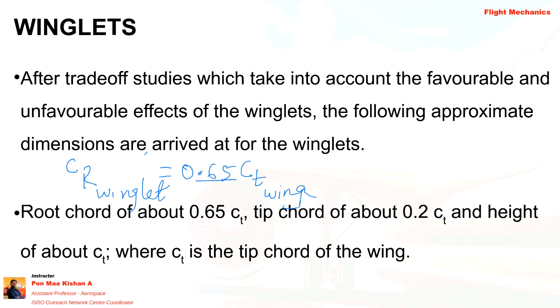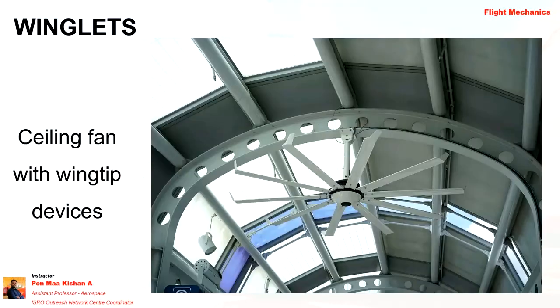Next parameter is chord of tip winglet. It has to be 0.2 times the chord of the tip of the wing. Can you understand what I am trying to say? Let's get back to the image once so that you can easily understand that.